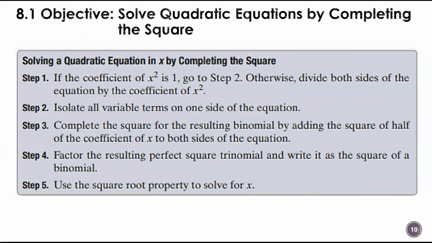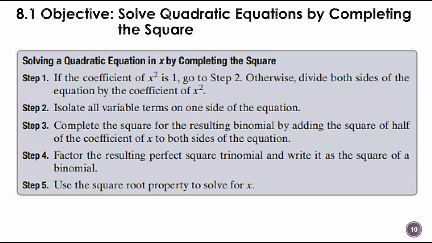Now these are the steps for completing the square. So if you get lost at some point, you can go back and read through this. Remember, I take snips of these out of our ebook, so that's why sometimes it seems a little distorted. If the coefficient of the x squared is 1, go to step 2. I haven't shown you any yet where we have to divide, but if we do, we'll divide by the coefficient of the x squared term.